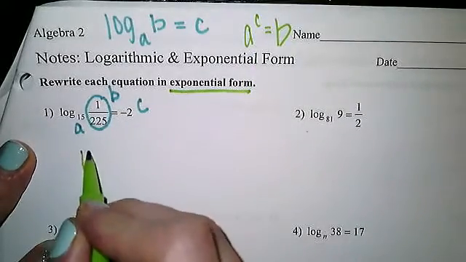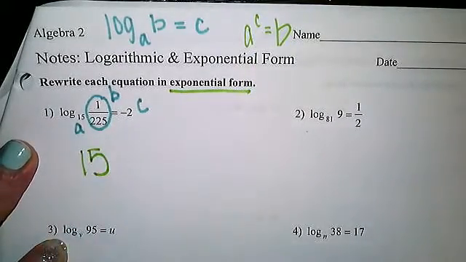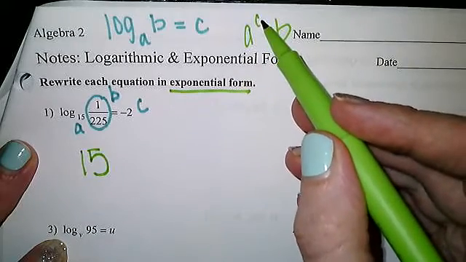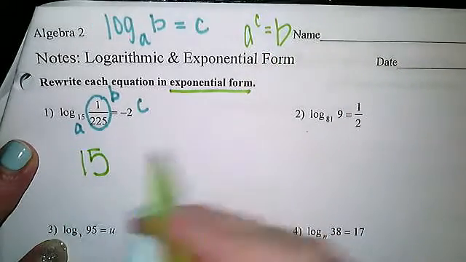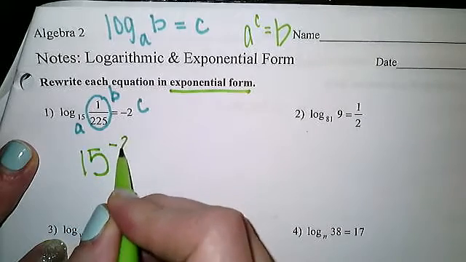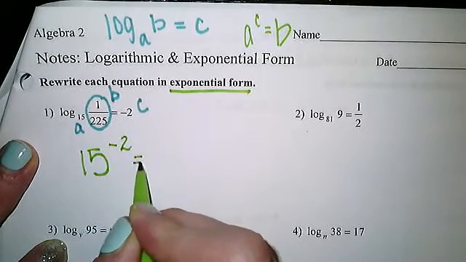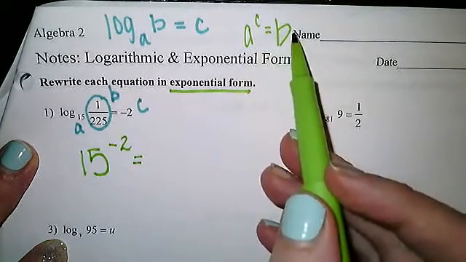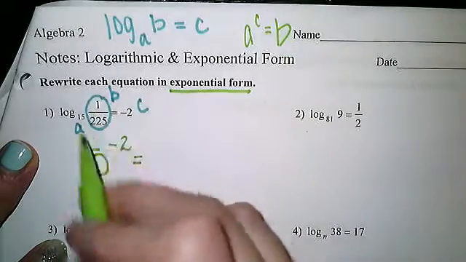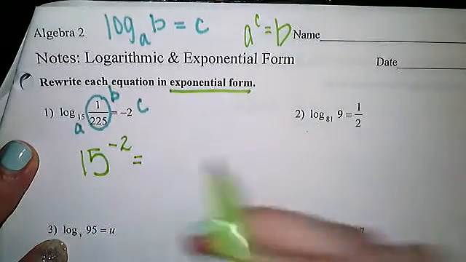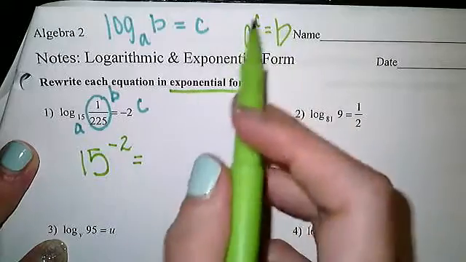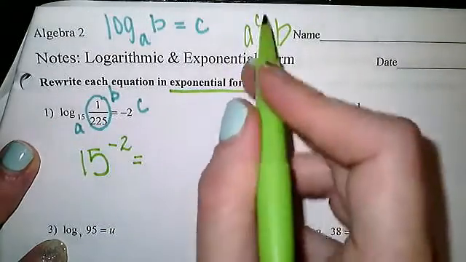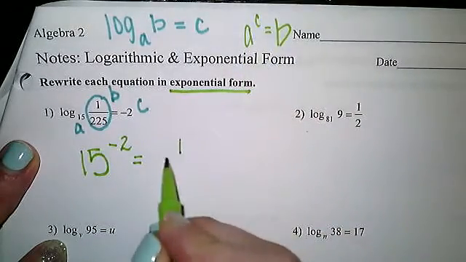In this case, it's 15, so we're going to write a big 15. The C is the exponent now, which in this case is the -2, so we'll write a small -2 equals B. B is this whole expression circled in the middle. You can see that it's large and the C is small. The C is really the only small number.